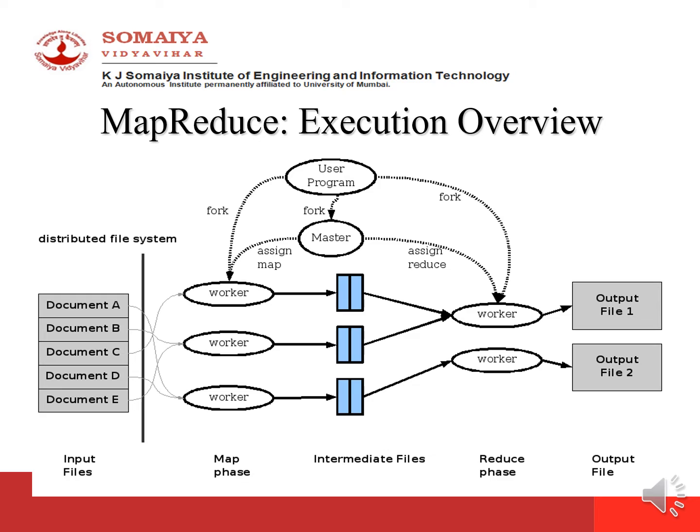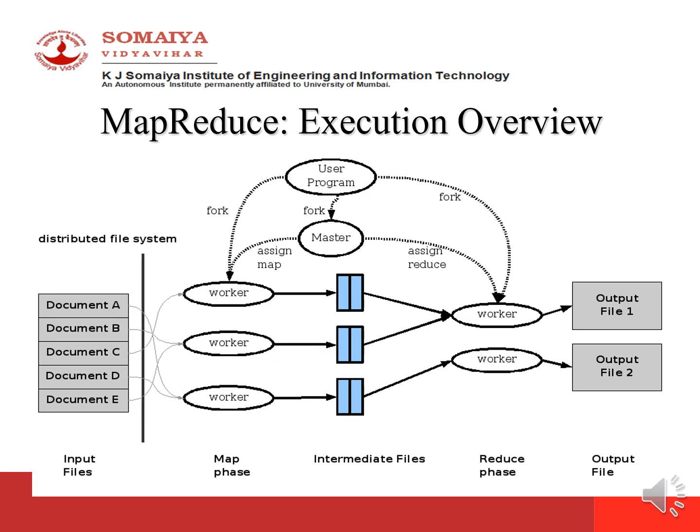To have a clear idea, let us consider this particular example. Here the input consists of 5 different documents. These documents are divided into 3 input splits because we have 3 mapper workers here. Each input split is assigned to a different map worker. The map worker will take this input and try to produce the key value pair for the given input split.